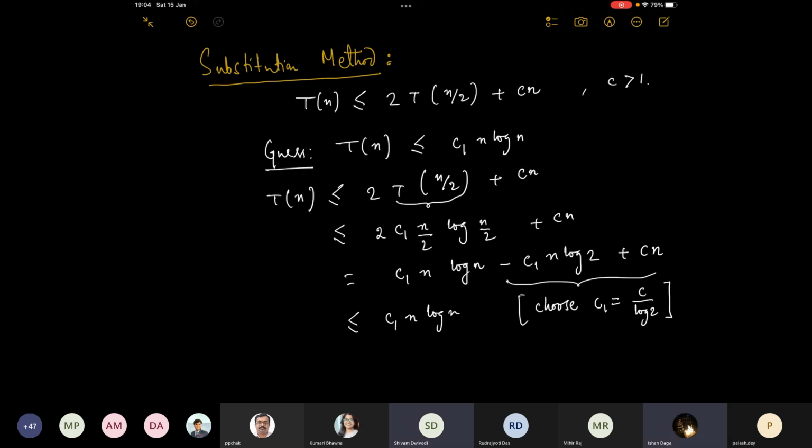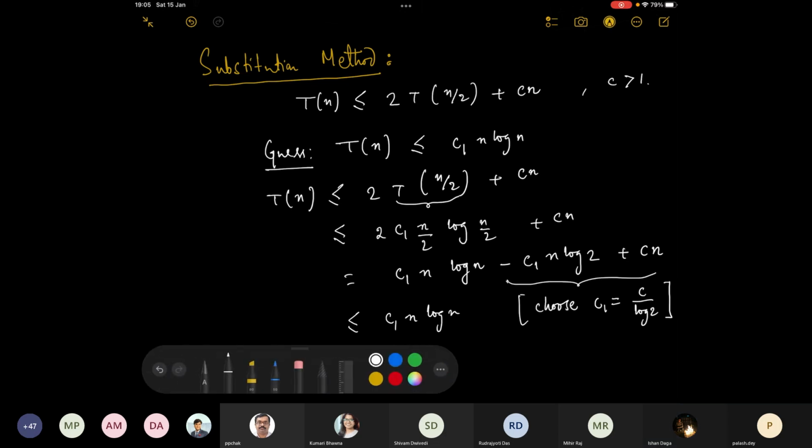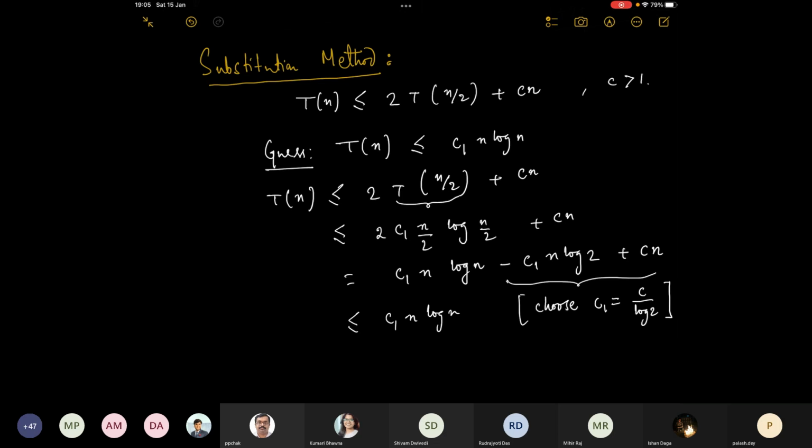Okay, sir. I did not understand the part about choosing C1 to be C by log 2. How is it that we're choosing C1 to be something? It is this way. Again, the teacher is so merciless that he can use this excuse: in the exam sheet, you cut this.